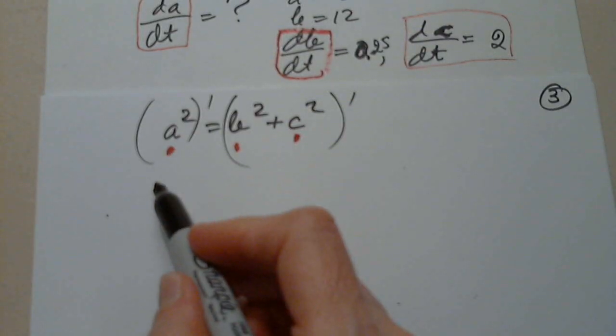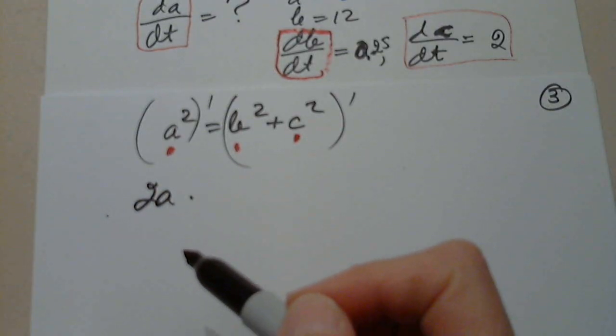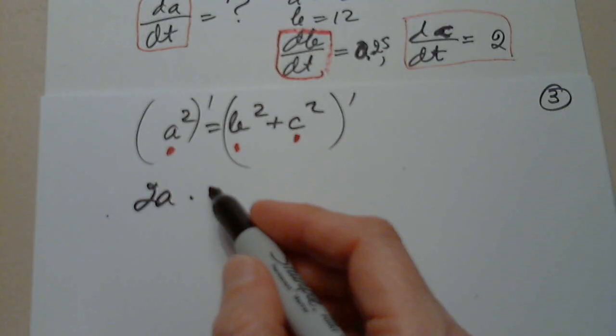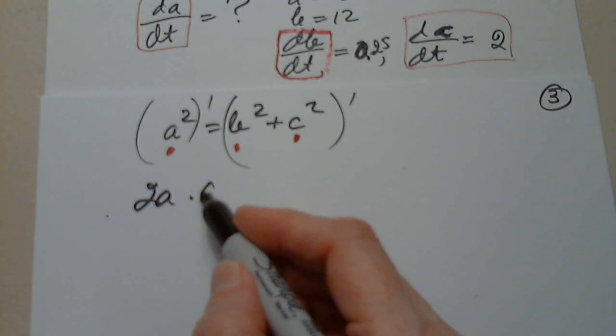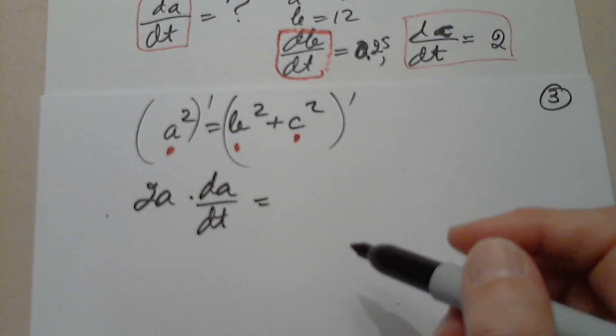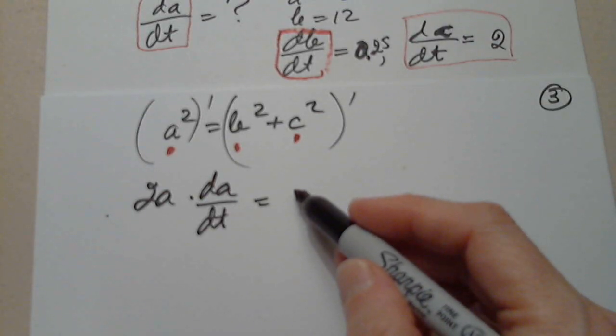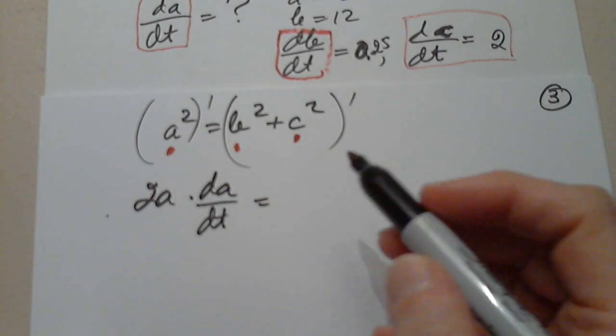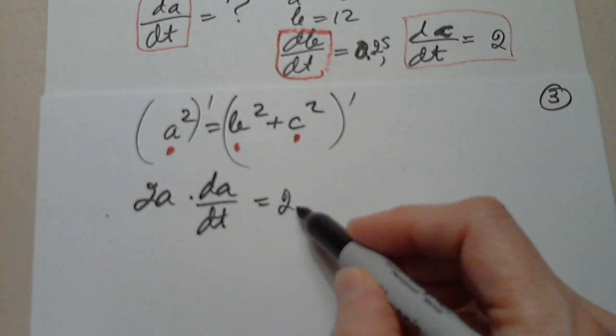Is it 2a times the inner function prime? Perfect, dA over dt, excellent. What about b squared? They're all the same. 2b times dB over dt.